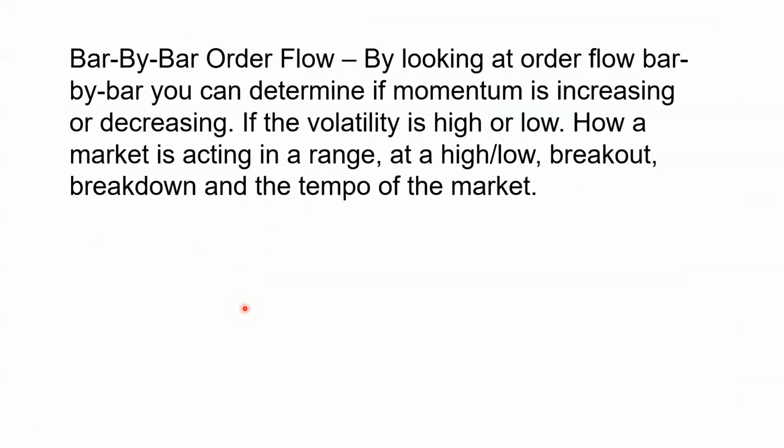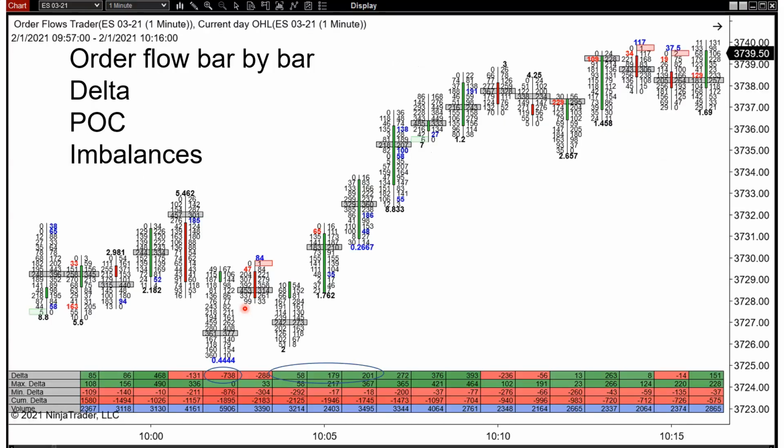Now, by looking at order flow on a bar by bar basis, you can determine if momentum is increasing or decreasing. There's another module on momentum, and there's another module on volatility, if volatility is high or low, and what that means. When you're watching on a bar by bar basis, you're going to see how the market is acting in a range, at a high or a low, when it's breaking out or breaking down, or what the tempo of the market is.